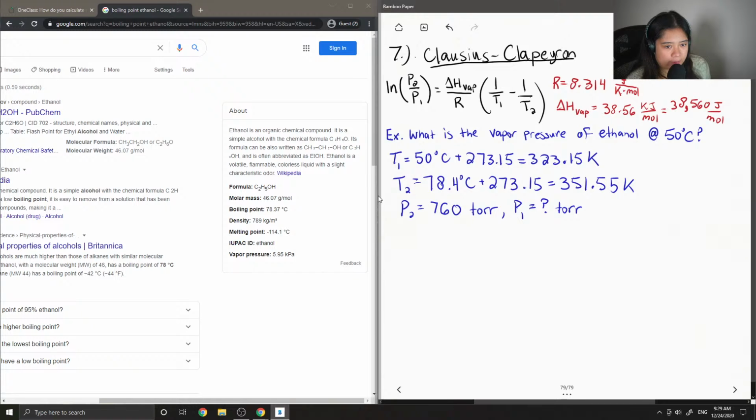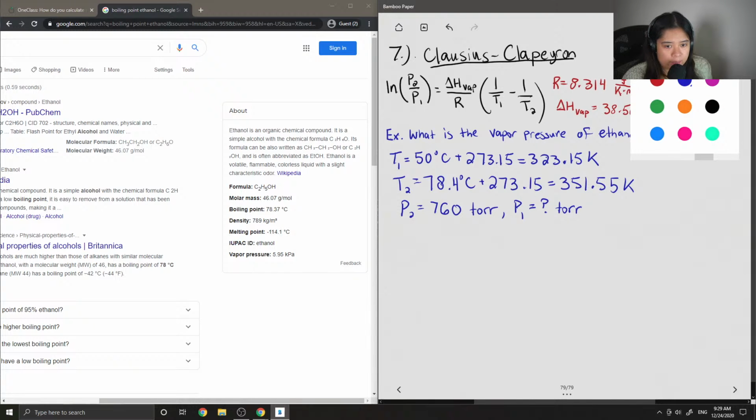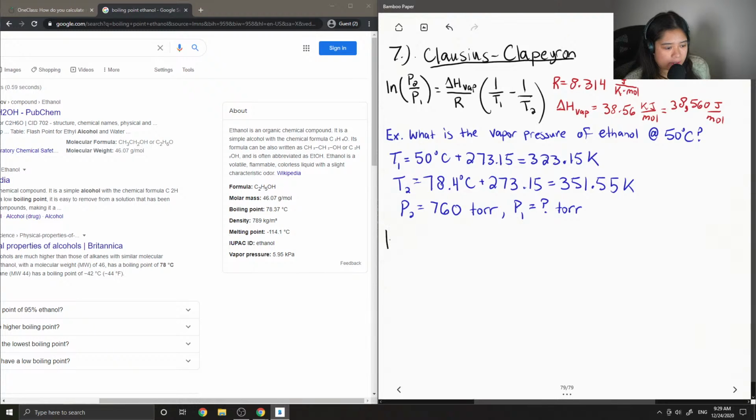Okay, so we have pretty much all the information we need, and we just need to plug it into the Clausius-Clapeyron equation. P2 is equal to 760 torr, and we're looking for P1. The enthalpy of vaporization of ethanol we found was 38,560 joules per mole.